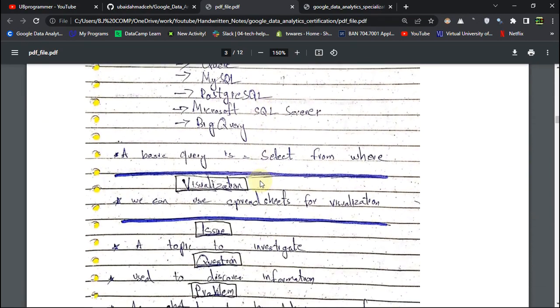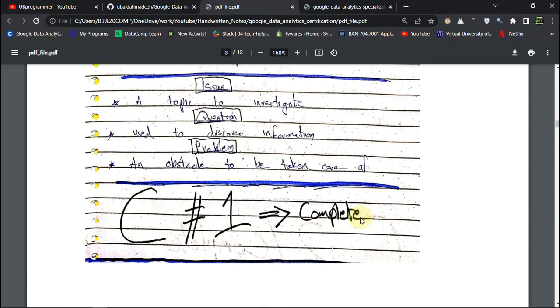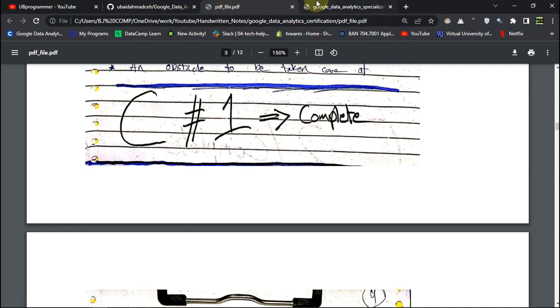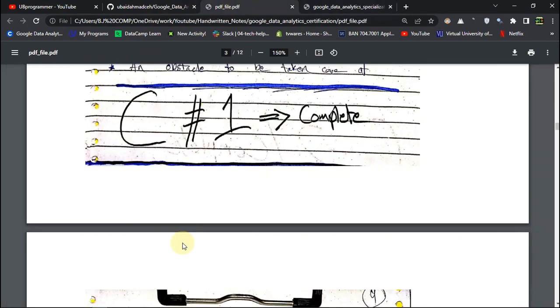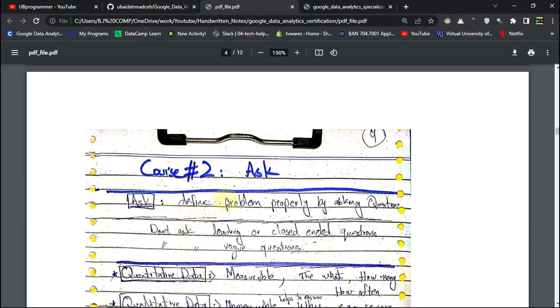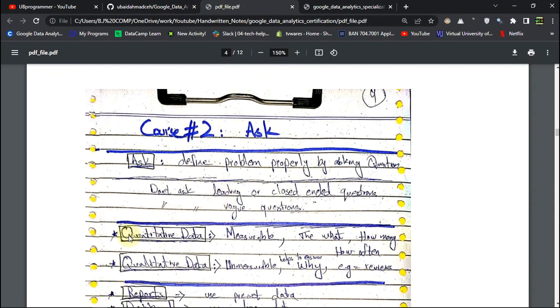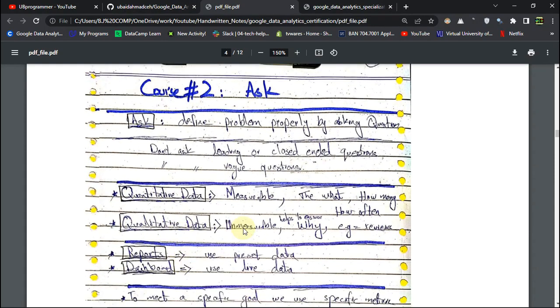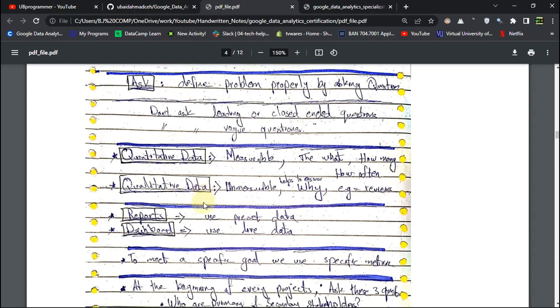Then we have course 1 completed here, and the next course is Ask Questions About Data. As you know guys, data can be of really different types, right? So quantitative data, qualitative data, then further they are organized into different categories: ordinal, nominal, discrete, and things like that.